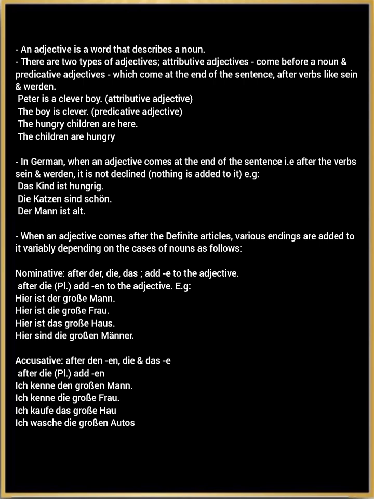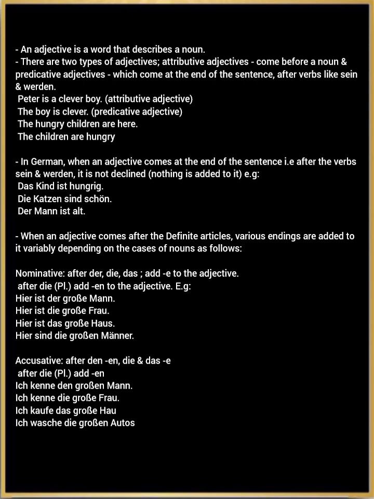So you can see the clever comes before the noun, which is boy. And then the second example, the boy is clever. Now this one is a predicative. So the first one was clever boy, the second one is the boy is clever. So remember that there are those which come before the noun they're describing, and those which come after, which means they come at the end of the sentence.